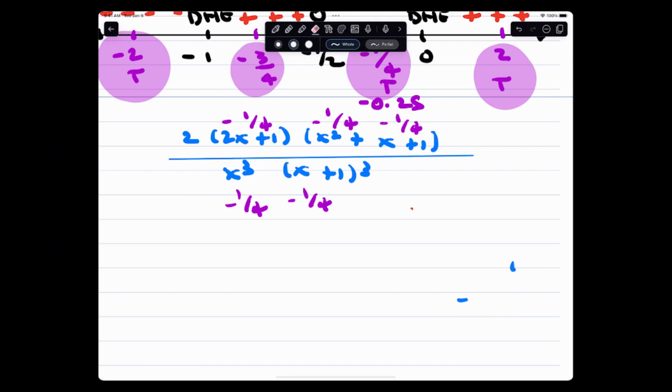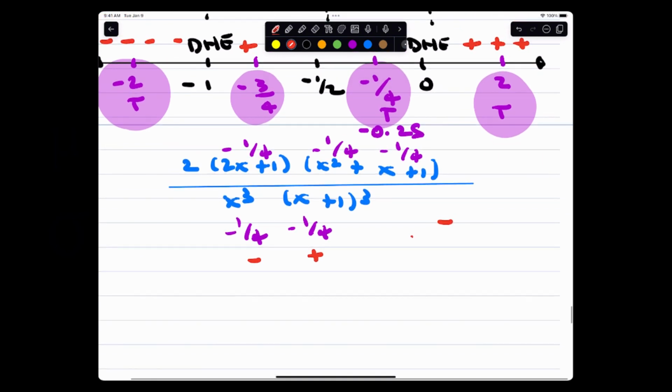So negative 1/4 cubed down here would be what? Negative. Negative 1/4 plus 1 is positive. Cube that, that's positive. So a negative times a positive is negative. And then 2 times negative 1/4, isn't that negative 1/2 plus 1? Positive 1/2, so this is positive. Now all the work over here, which will be what?